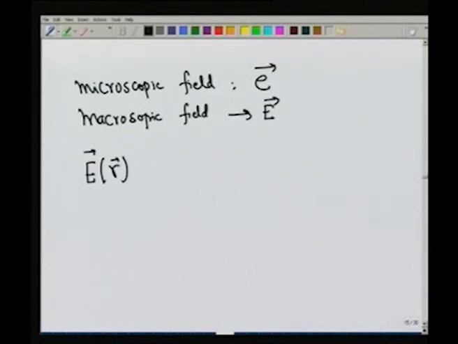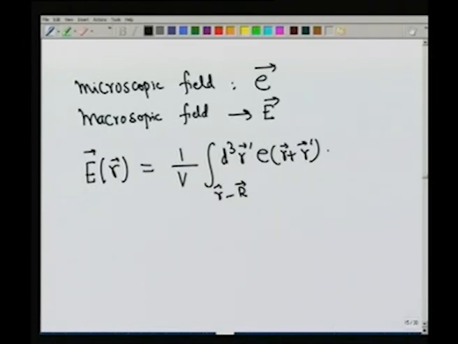My E at R is the mean value, which is nothing but 1 over volume integral d cubed r prime E of r plus r prime, where my r prime will go, let us say, over a reasonable volume. R prime will go from r minus r to r plus r. If you want, you can put a factor of 2 also.